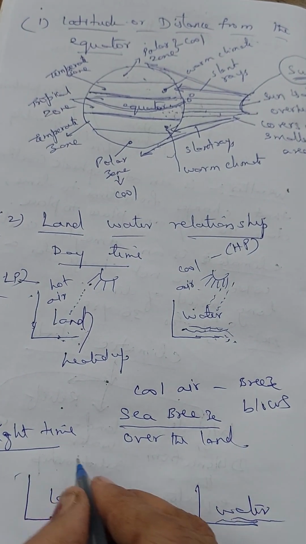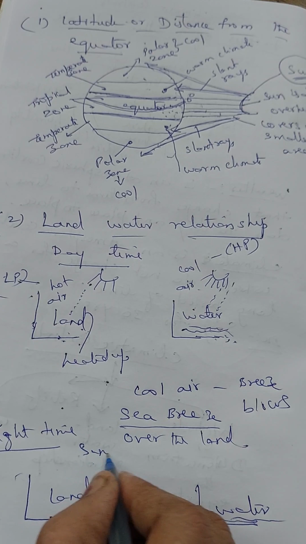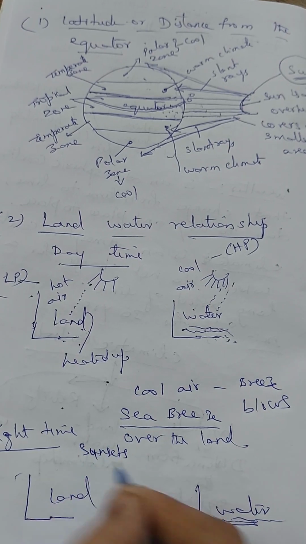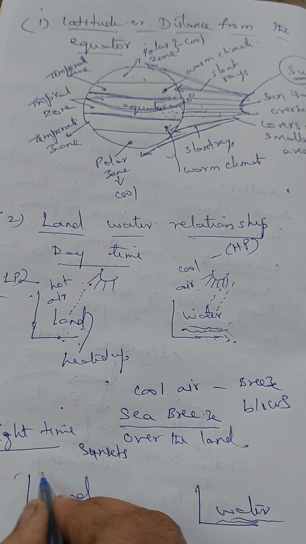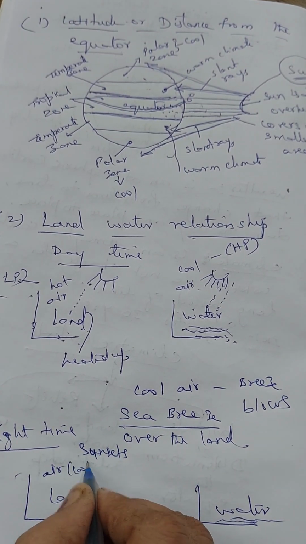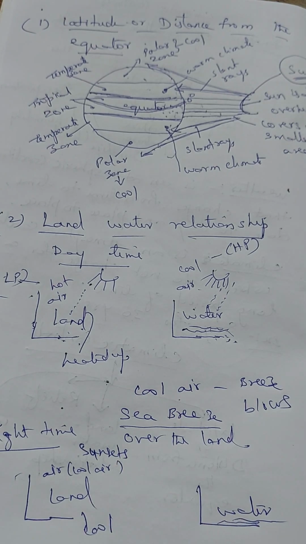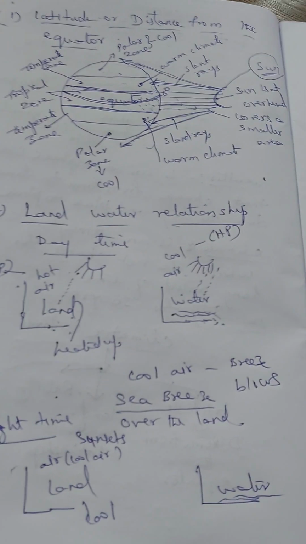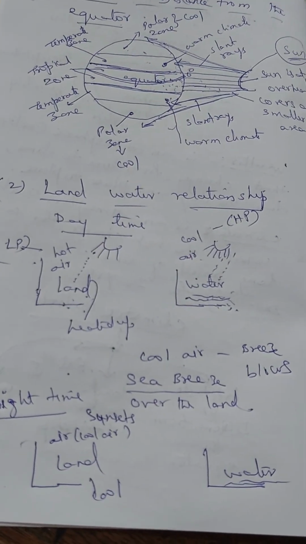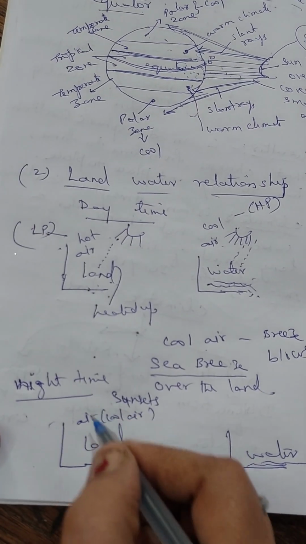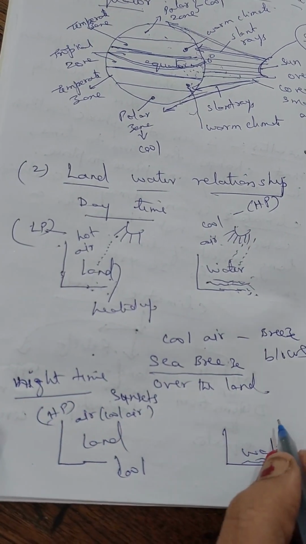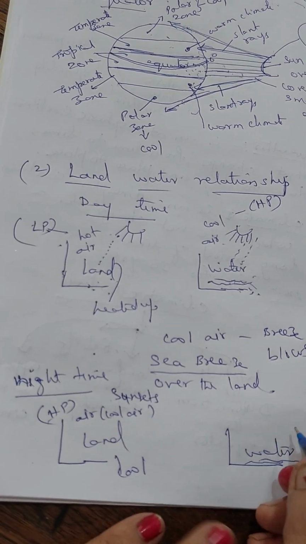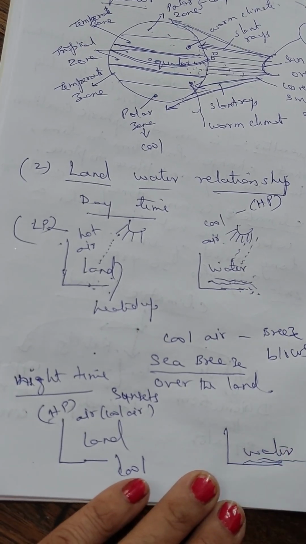Now, as soon as the sun sets, land will become cool. So the air over the land will be cool air, which has very high pressure at night, children. But the water took the whole day to get warm.